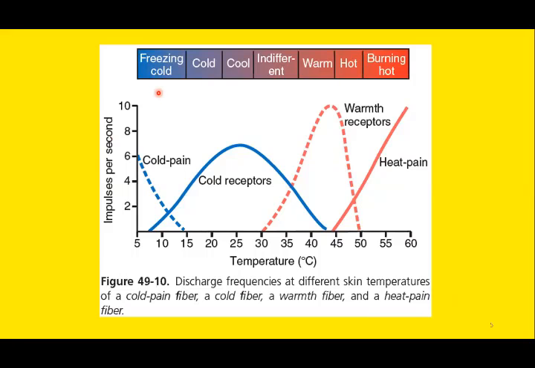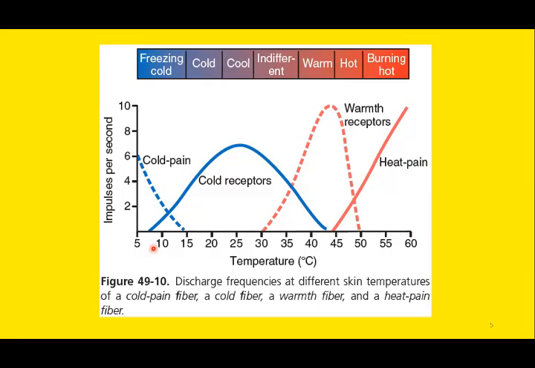At one extreme on the left hand side of your screen is the sense of freezing cold, and the other extreme on the right hand side is burning hot sensation, and in the middle we have indifferent sensation. So from freezing cold to burning hot, these thermoreceptors, they respond differently. Each type of thermoreceptor responds at a specific temperature range.